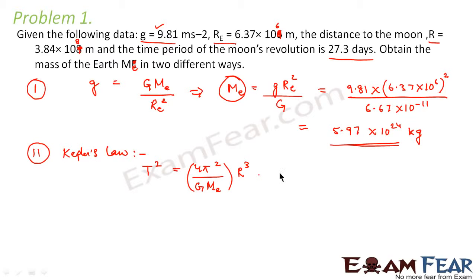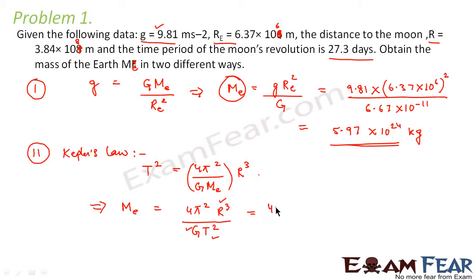This is what we studied from Kepler's third law. So from this equation, we can say me is equal to 4 pi square r cube divided by G T square. So in this also, we know the value of r, we know the value of G and capital T. So we will put the values here.